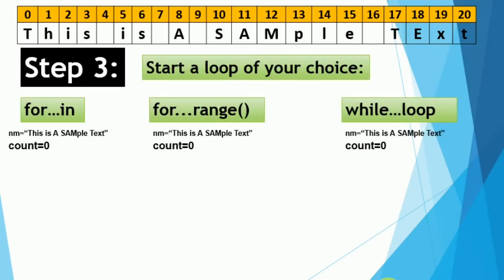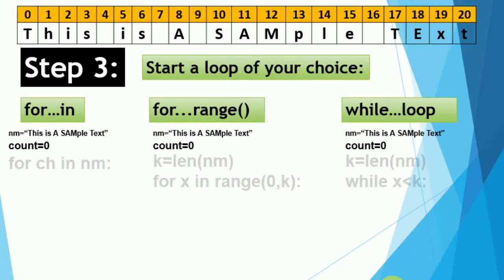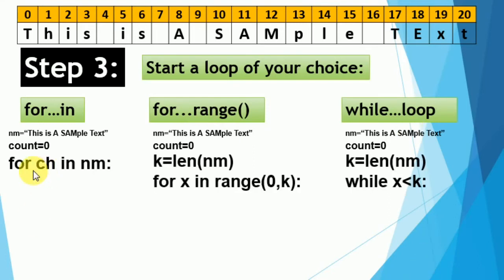Now we have to start the loop, which goes from the first character to the last. There are 3 methods, which you already know: for in, for range, and while loop. In a for in, you can write it directly. For range is there, and while loop is there. In the first case, for ch in nm, ch will read one character at a time from the string.